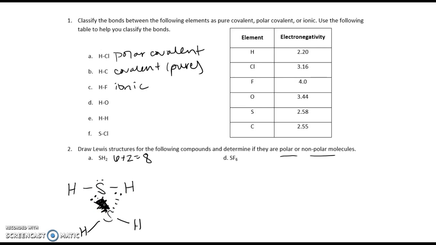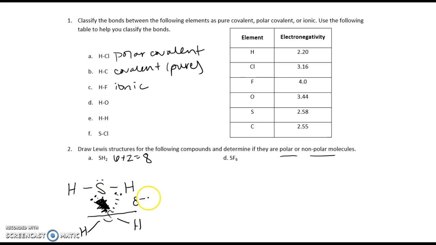Next, ask yourselves, is there a clear area, whether it's above or below or left or right of the central atom, where all of the negative charge from the electrons lies? If you look at this, hopefully you can see very clearly that above the S is where all of these electrons are. Because there's that clear region, it's like there's a partial negative up here because of all the electrons.